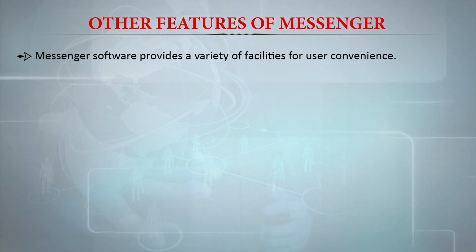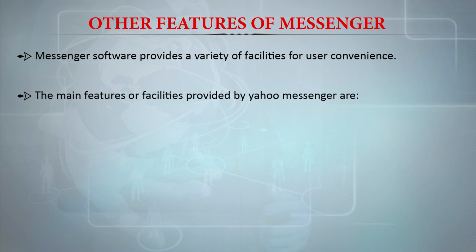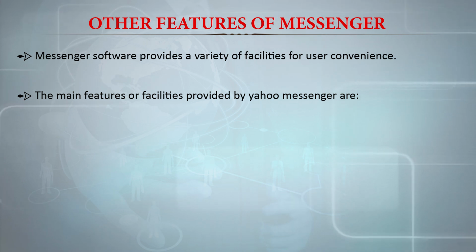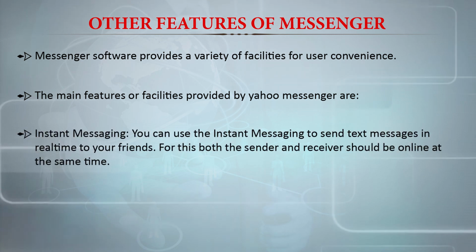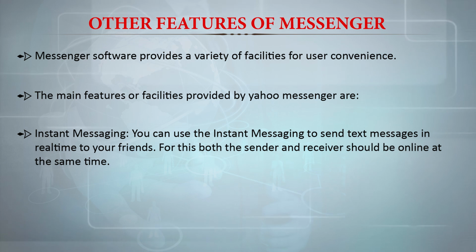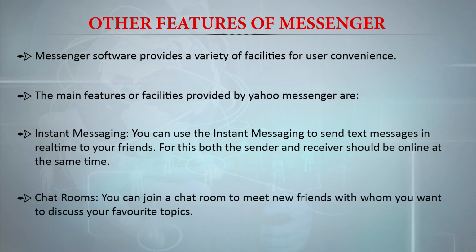Then there are several features of Messenger. Messenger software provides a variety of facilities for our convenience. The main features provided by Yahoo Messenger are instant messaging, that is, we can use instant messaging to send text messages in real time to our friends. For this, both the sender and the receiver should be online at the same time. Then we have chat rooms.